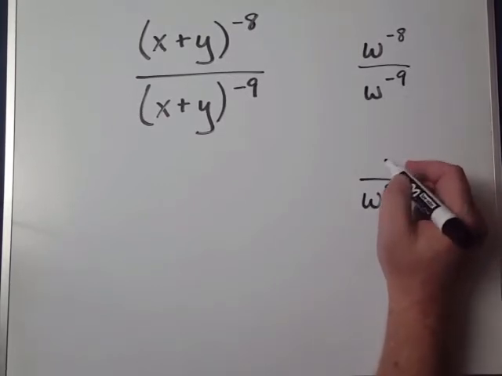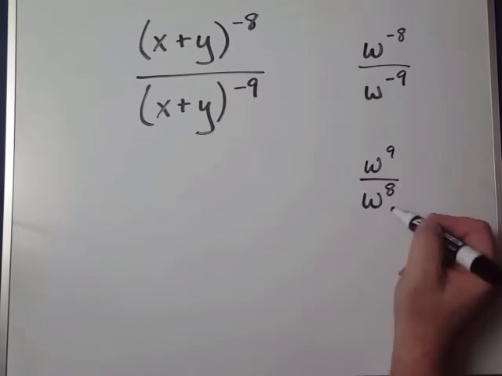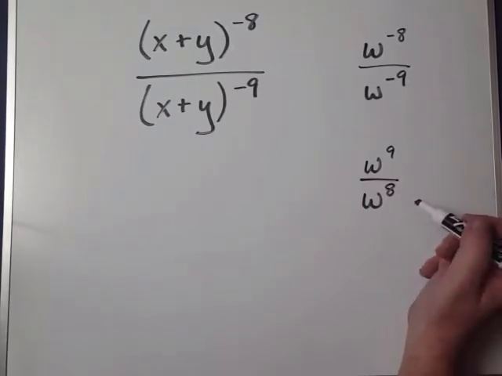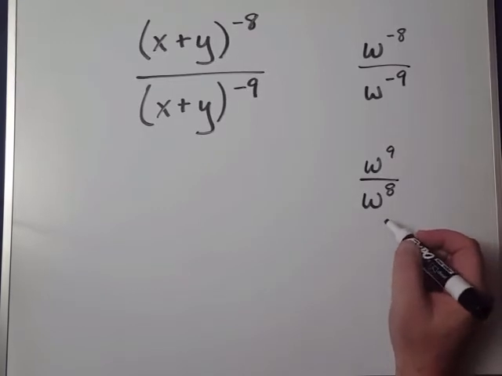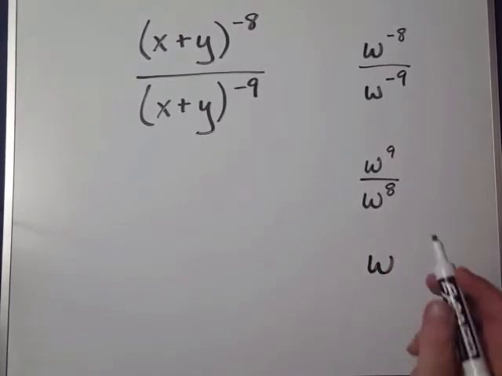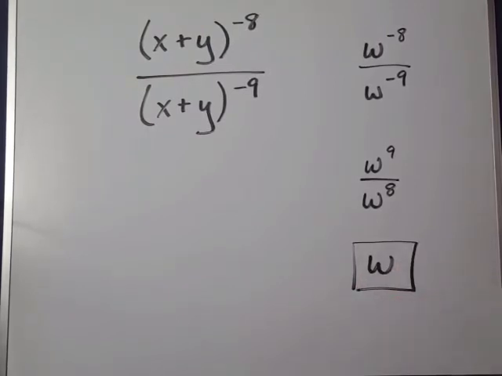W to the negative 9 in the bottom becomes w to the positive 9 in the top. And we have a quotient of like bases, so we can subtract those exponents. In other words, when I'm done canceling, how many are left and where? Well, there are 9 w's in the top, 8 w's in the bottom. That leaves one factor of w in the numerator. It would be over 1, and of course we don't write over 1.